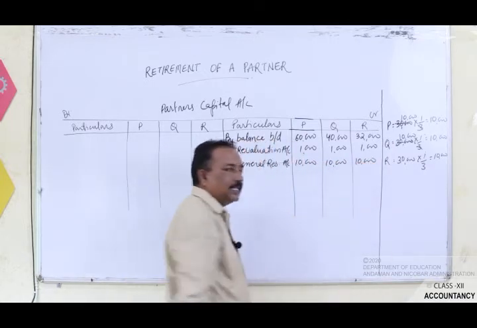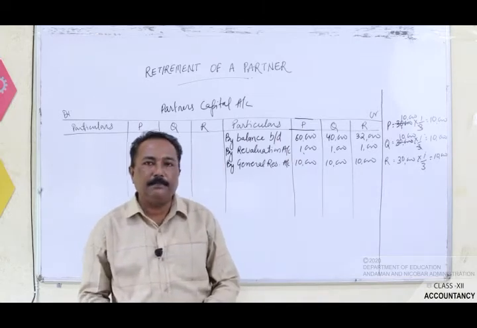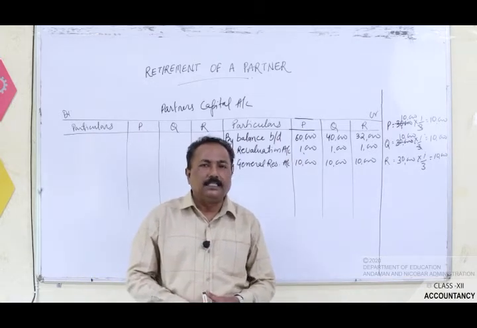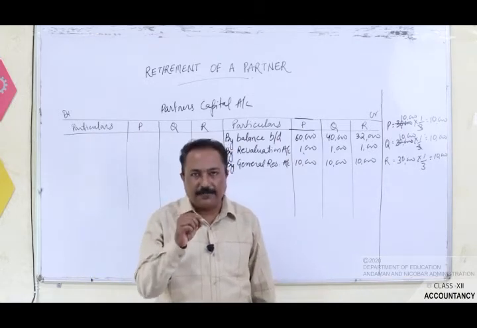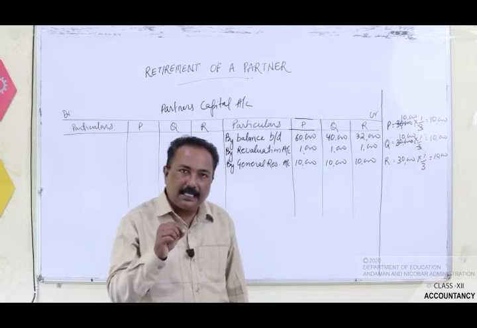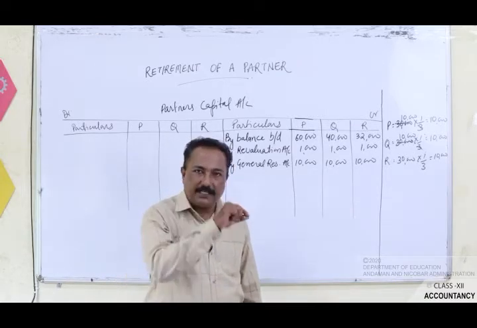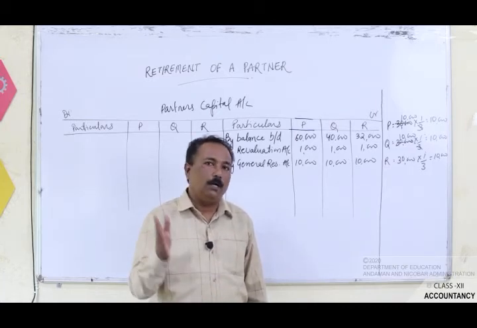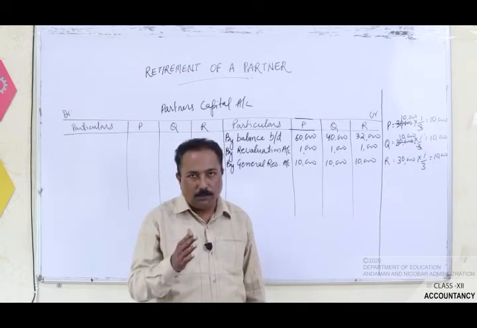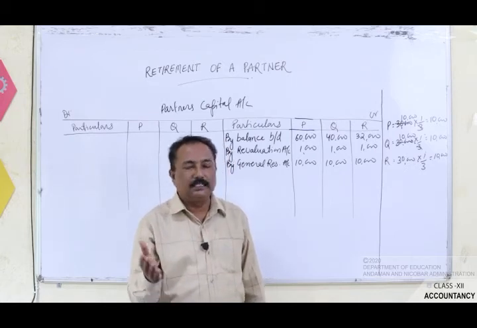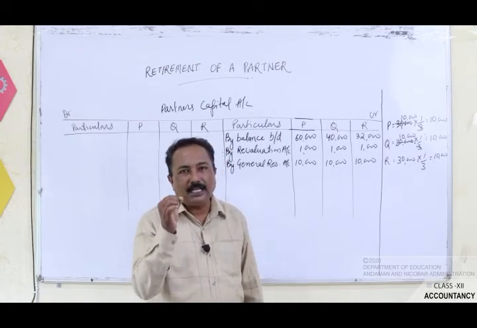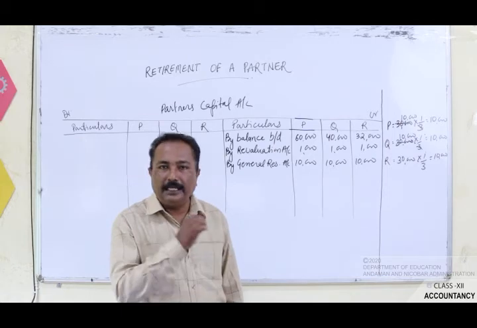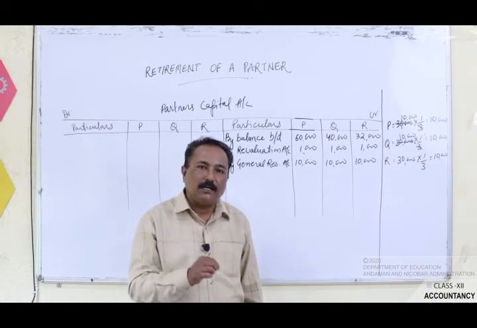After this, let us pass on to the next item in the balance sheet. The next item is the profit and loss. This is the profit of the previous year which was not distributed among the old partners. Now, you have to distribute this amount. What is the amount that is shown in the balance sheet for the profit and loss account?